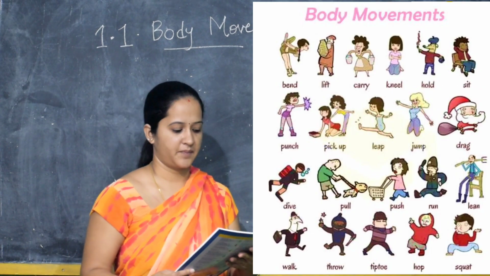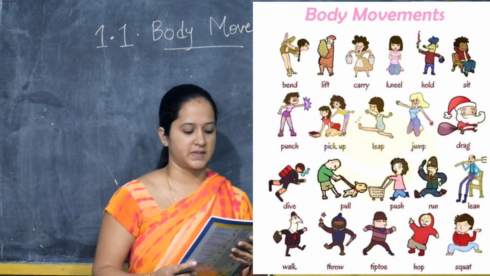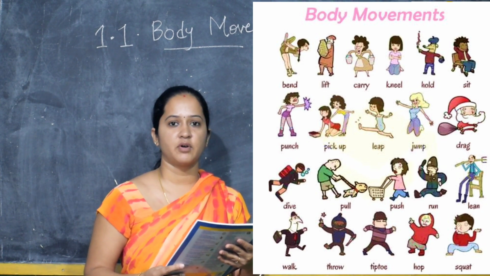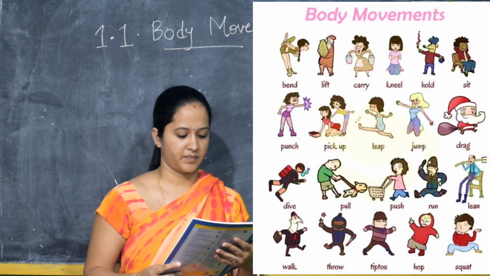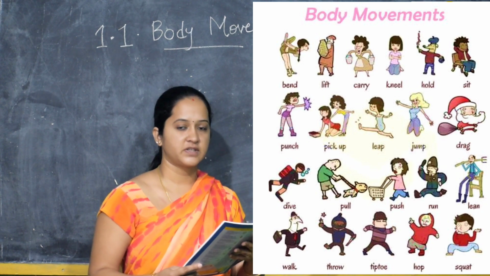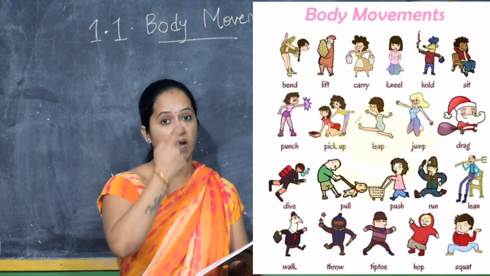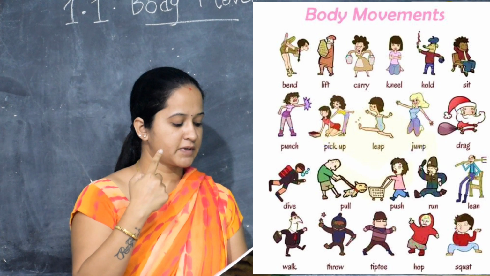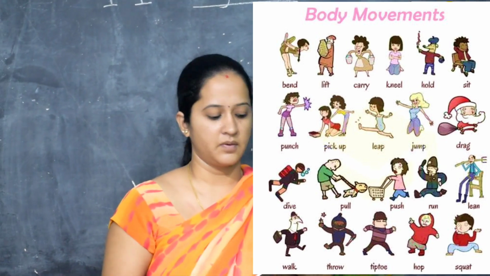So now we'll start. A body helps us to make many movements. Let us learn about the body parts which help us in our movements. First one, our eyes. Our eyes help us to see things around us. Do you all know?